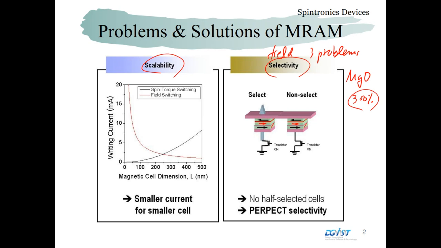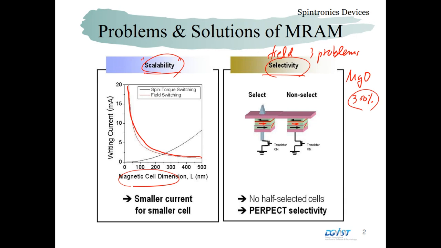And the other problems, the scalability and the selectivity. The scalability means when you scale down the size of the device, the energy should decrease. But in a field-driven MRAM, when we decrease the cell size, the required switching current gets larger.